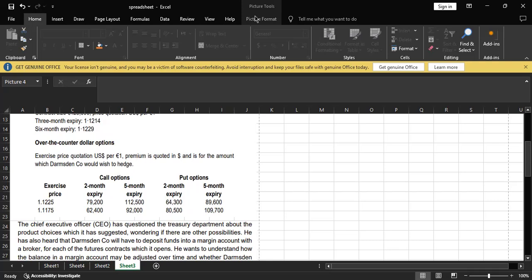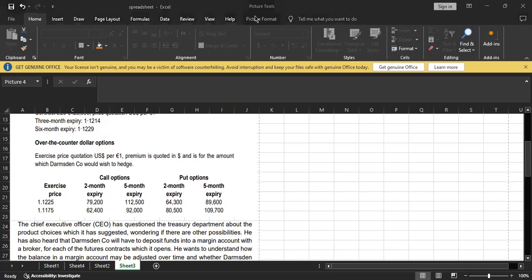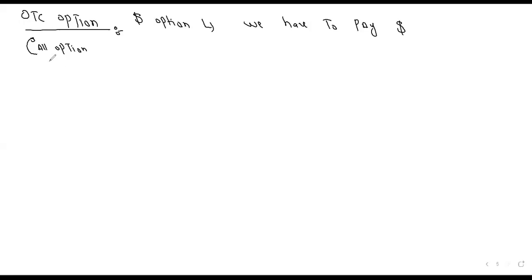Now you will tell the examiner, this is the call option and the 5 months. Now, guys, what will be the payment? 7718500. What was the exercise price given in this question? The first exercise price.